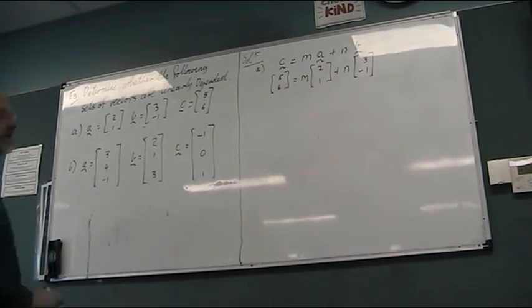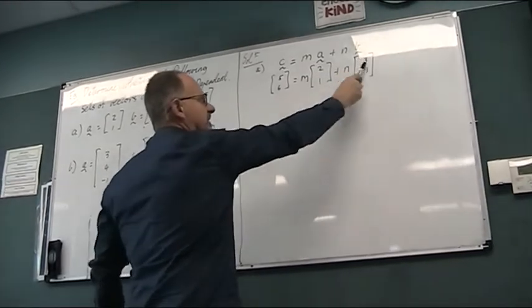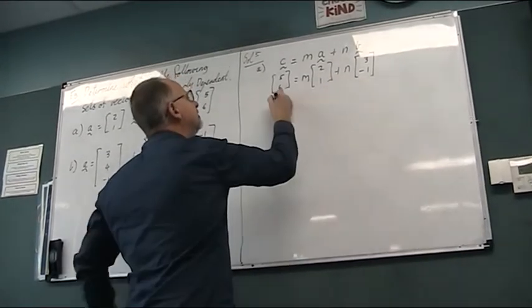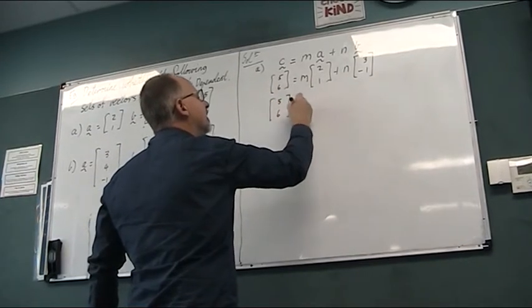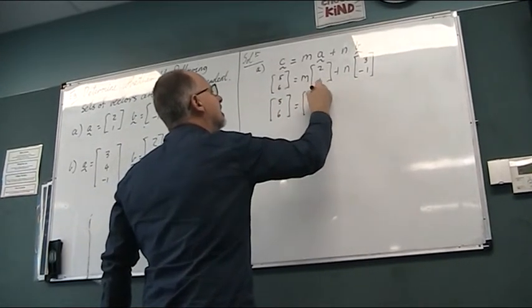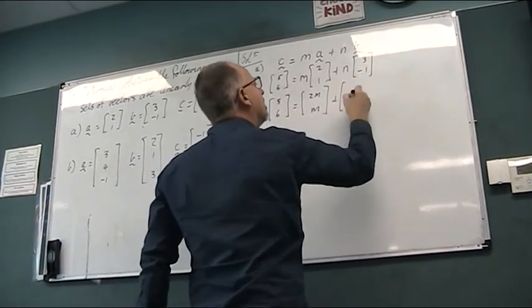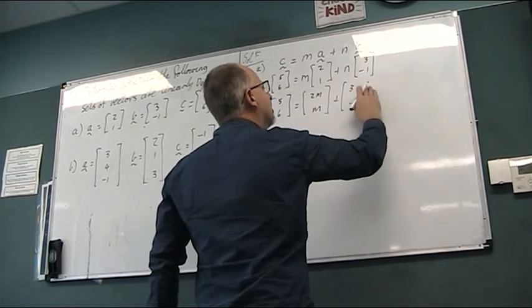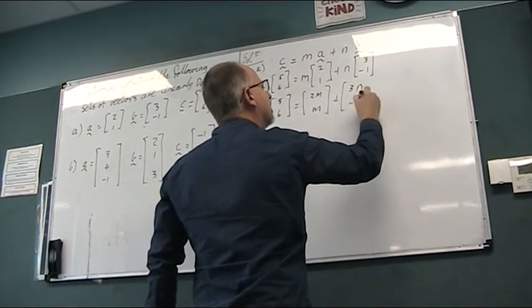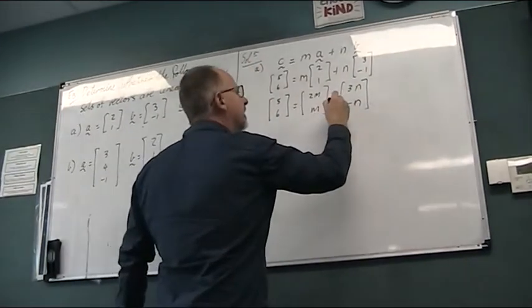Now, remember these are constants, so we just multiply those in. These are n, not m, like so. So these are written in matrix form.